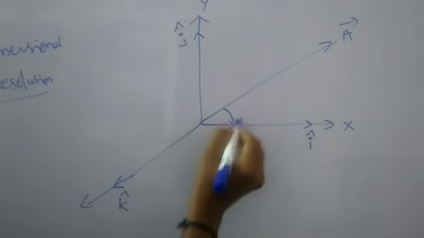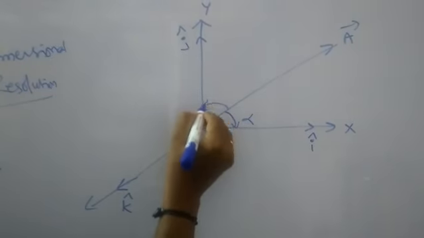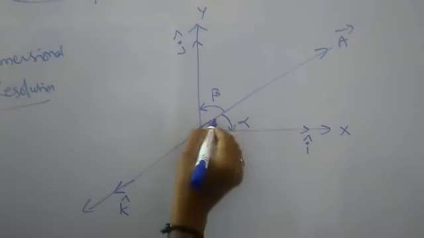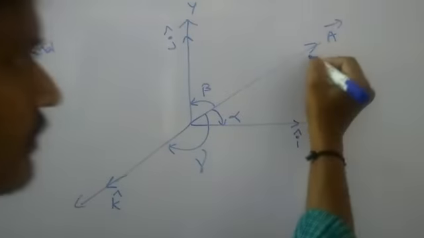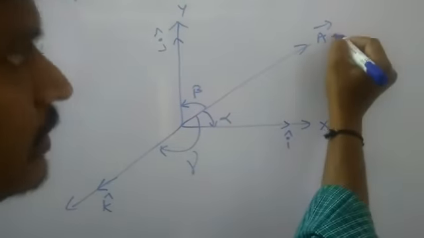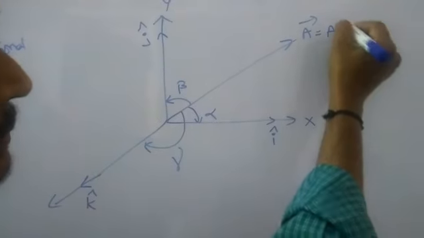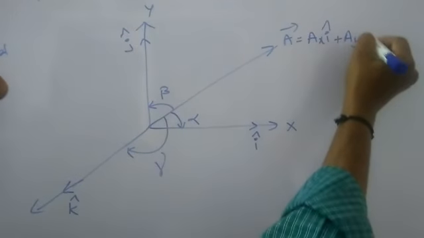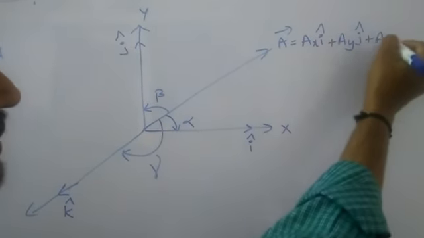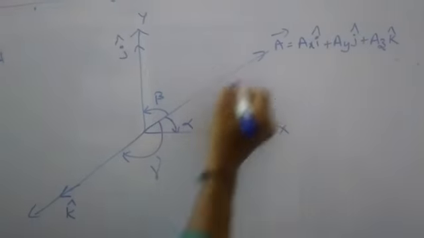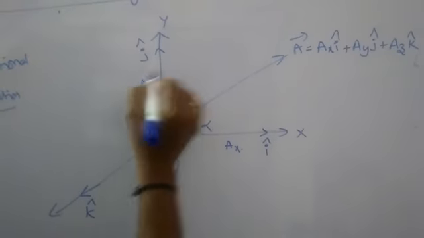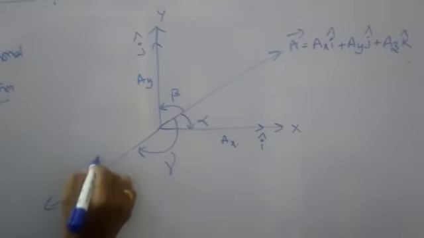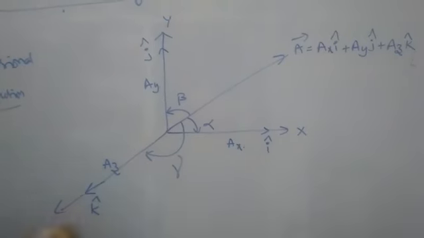The vector makes an angle alpha with the x-axis, the same vector makes an angle beta with the y-axis and gamma with the z-axis. Then a bar is ax i cap plus ay j cap plus az k cap. Ax is the component along x direction, ay is the component of the same vector along y, az is the component along z direction.